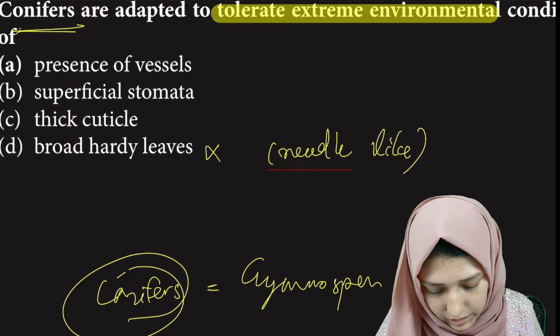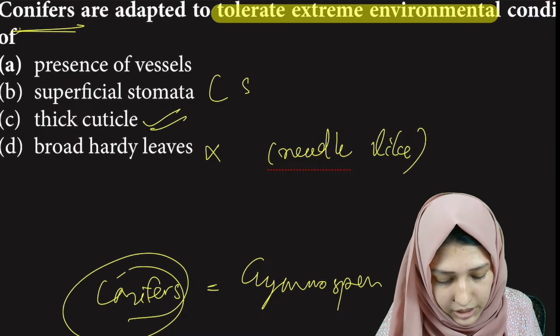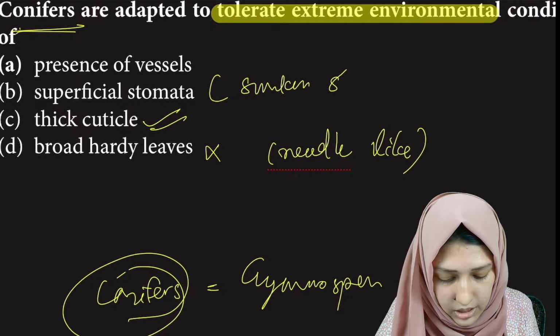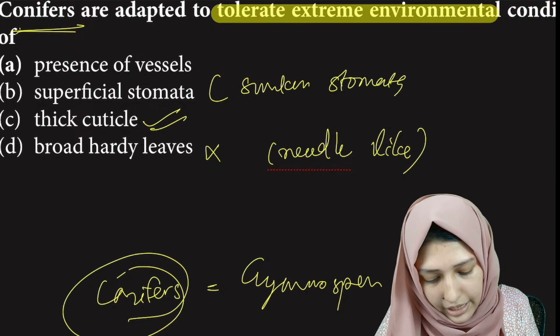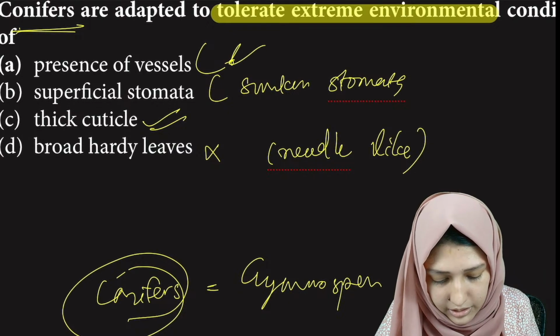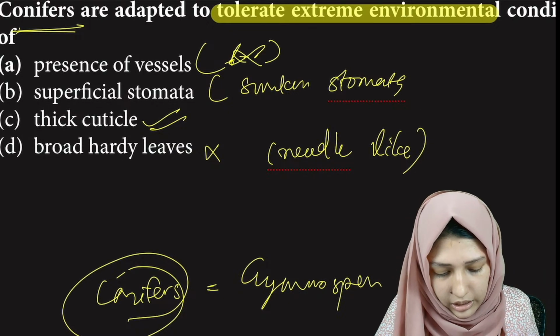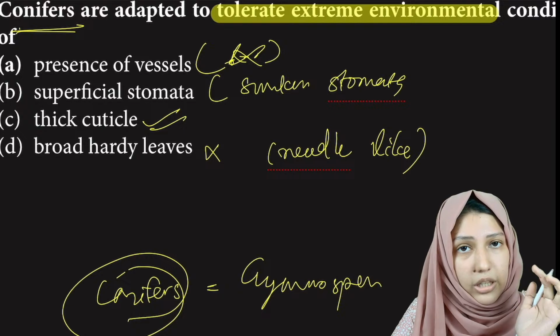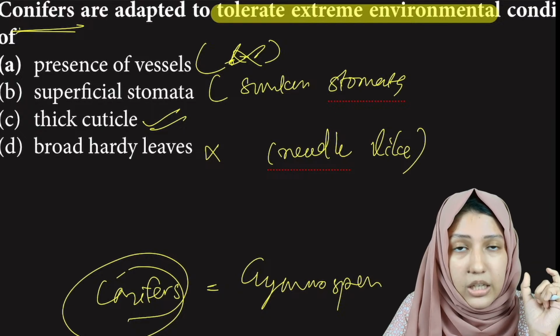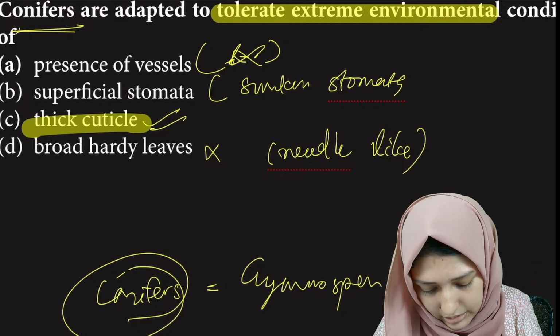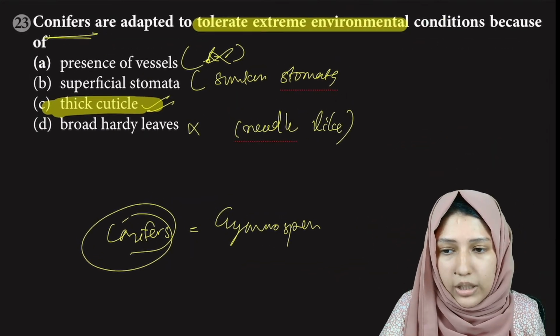Then they have a thick cuticle, so this is right. They have sunken stomata. They have vessels, but it is not an adaptation for extreme environment. So the right answer comes to be thick cuticle.